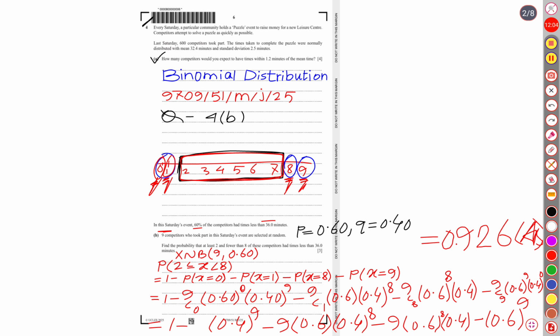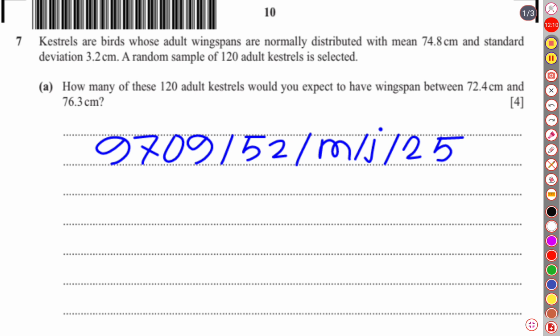Let's see another question. The next question has been selected from paper 9709/52 for the session May/June 25, and we are going to solve question number 7. The first part of this question is normal distribution, which doesn't belong to today's topic.